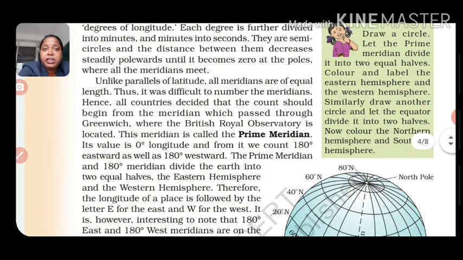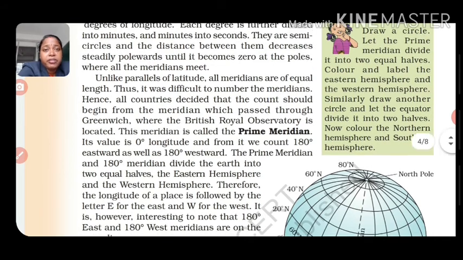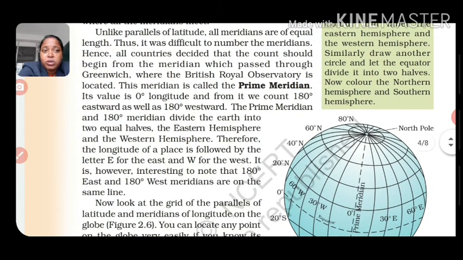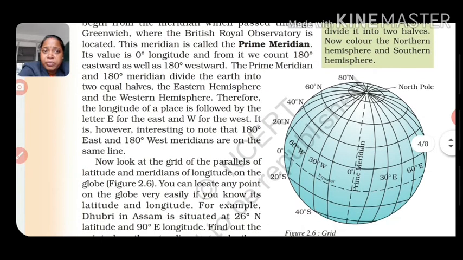Okay, the prime meridian and 180 degree meridian divide the earth into two equal halves. As we had already discussed, the longitudes are divided into two parts for the longitude calculations. Therefore the longitude of a place is followed by letter E for the east and letter W for the west. It is however interesting to note that 180 degree east and 180 degree west meridians are on the same line.